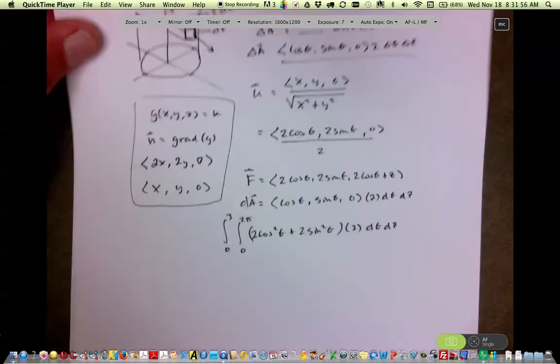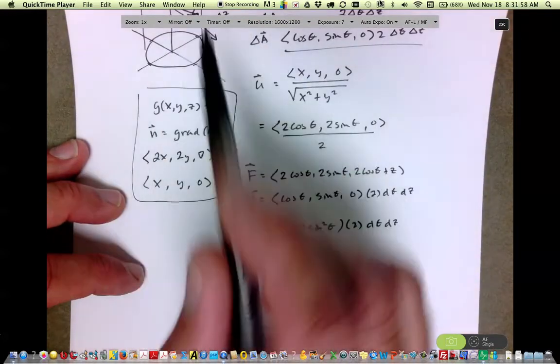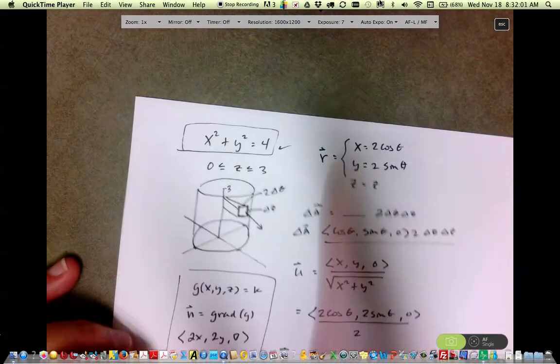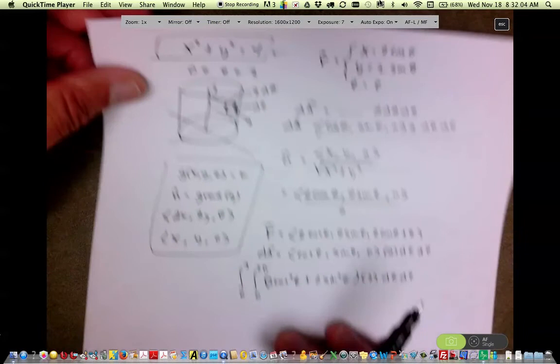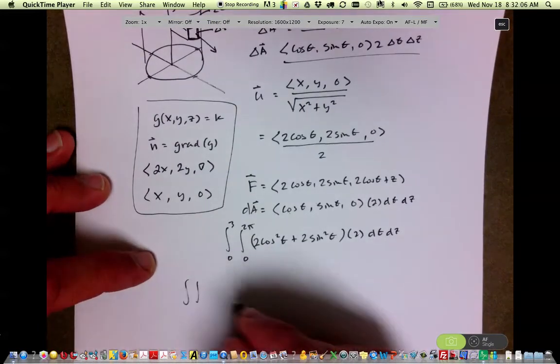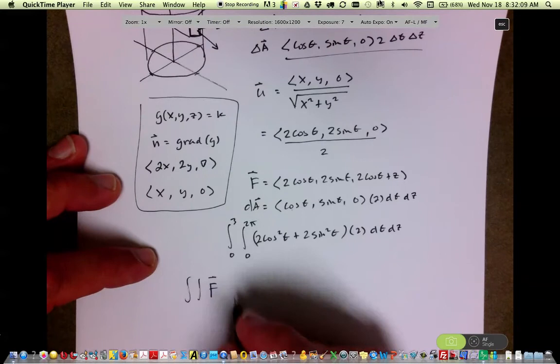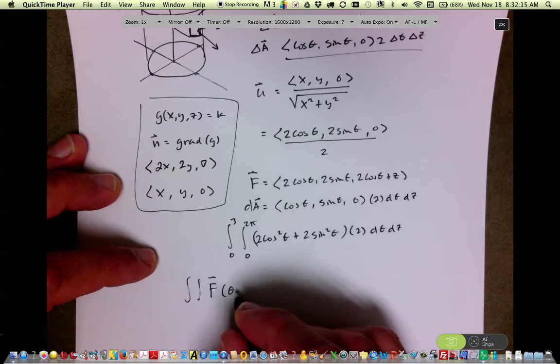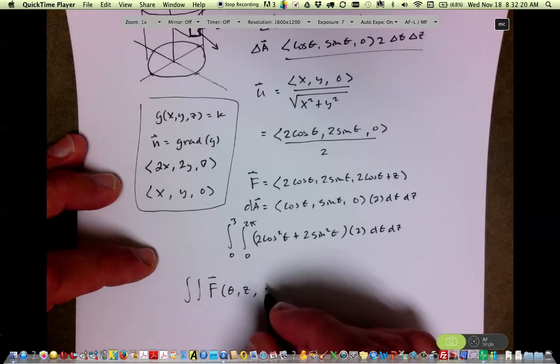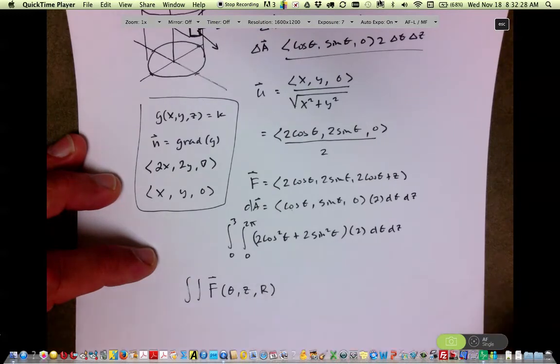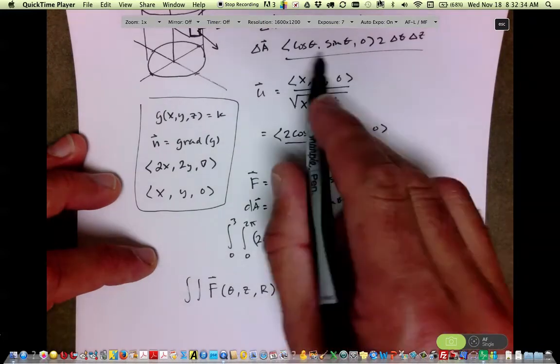All right, so in general, when you end up with a cylinder that's oriented this way, I mean running parallel to the z-axis, your general formula is going to be that you set up a double integral. F is going to be in terms of your parameters, theta and z, some kind of a function of theta and z, which is basically just going to be in terms of the radius of the cylinder, and then we're going to dot that with... well, this thing is going to turn out to be the same thing all the time.